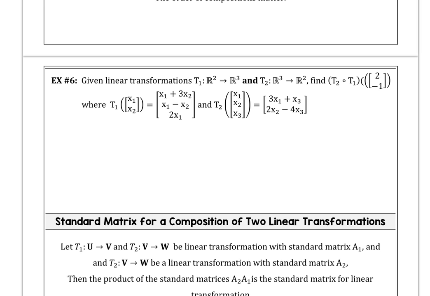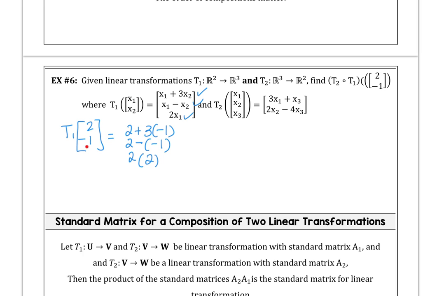They've given us the definition here, so we want to explore T1 at (2, -1), which is going to be 2 plus 3 times -1 for the first row, then 2 minus -1 for the second row, and then 2 times 2 for the third row, using elements x1 and x2.